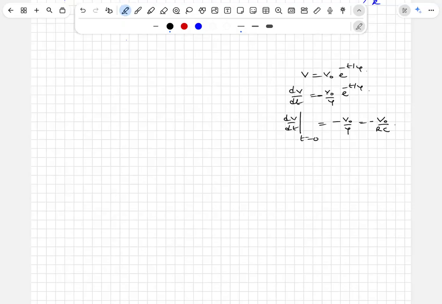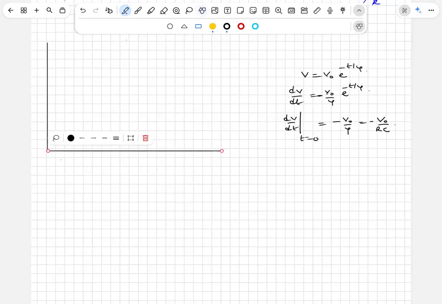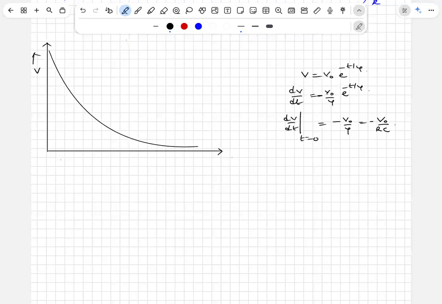Which means if you are plotting a graph of V versus t, this is the slope. You are finding this angle, say theta.